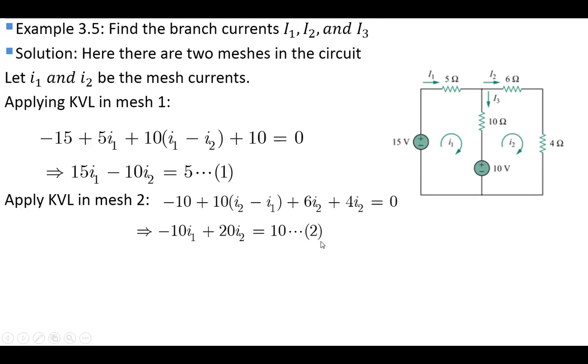We transfer this minus 10 to the other side of the equal sign, so it is equal to 10. So the equation is minus 10 I1 plus 20 I2 equals 10. This is equation number 2, and this is equation number 1. Now we have 2 equations, and we can easily solve them simultaneously.